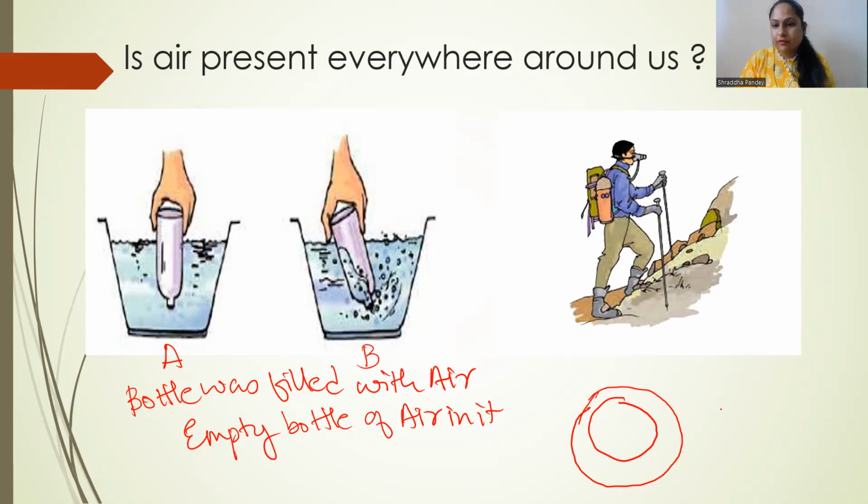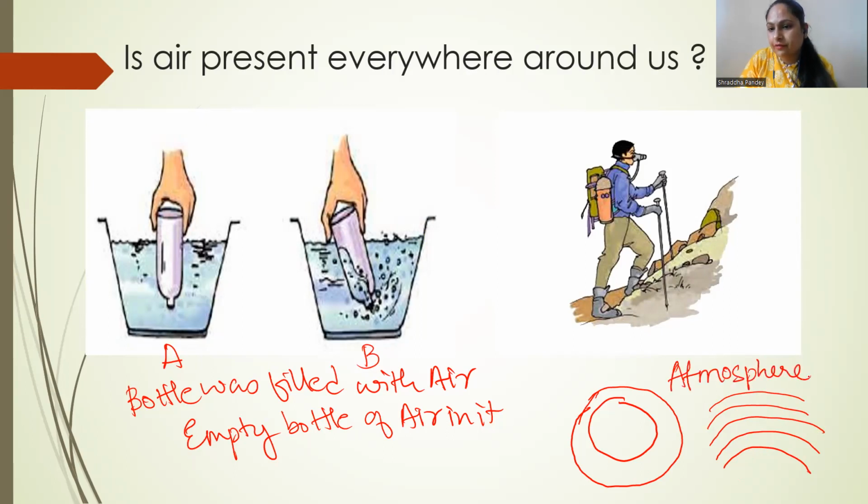On the earth's surface, several layers of gases are present. This layer of air is called the atmosphere, which surrounds the earth.